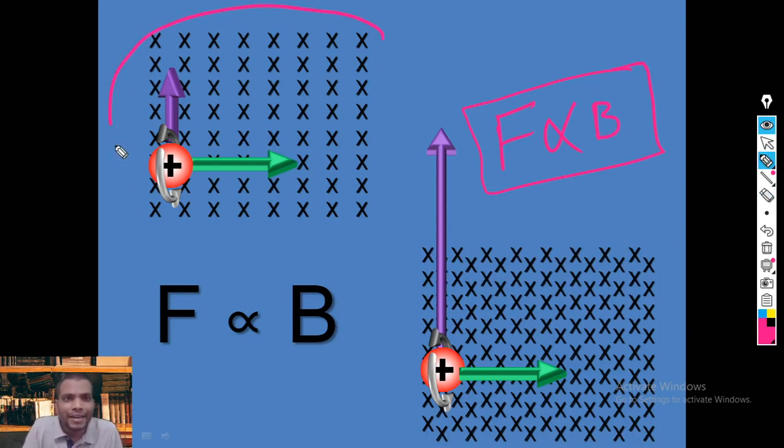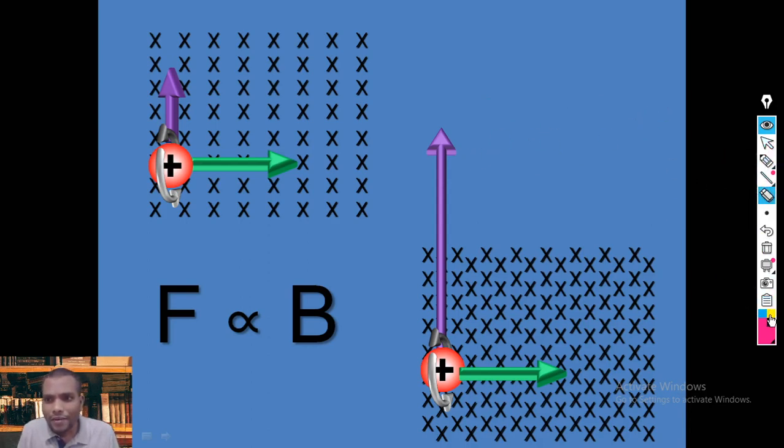Here you can see the magnetic field is there, but it's not that strong. You can see noticeable gaps between the field lines. But here the magnetic field strength is more, so the magnitude of the force on the charge is also more.